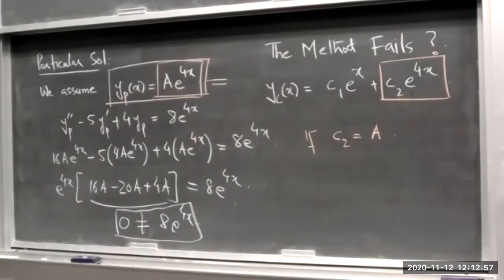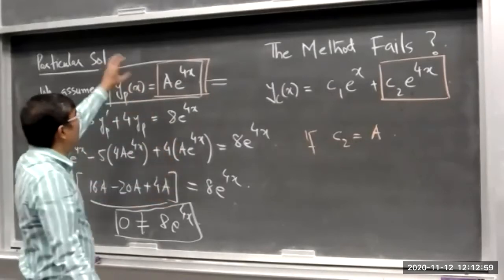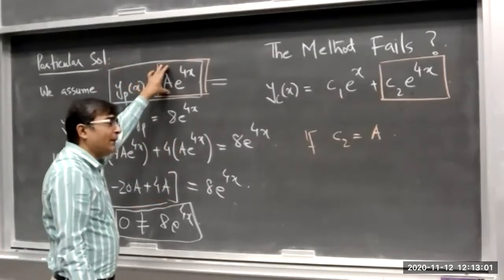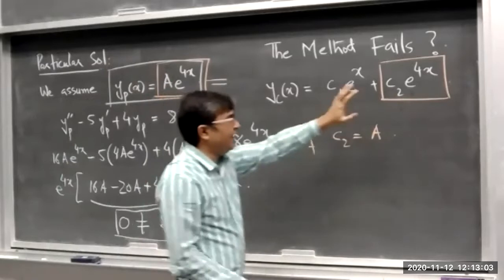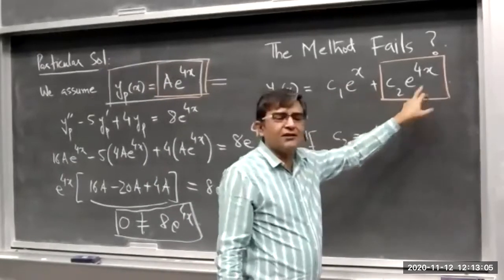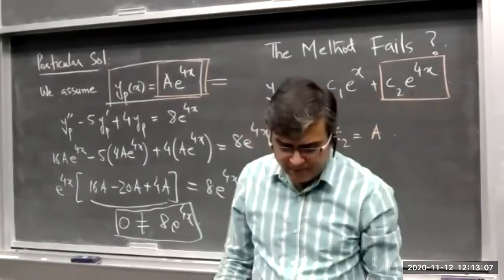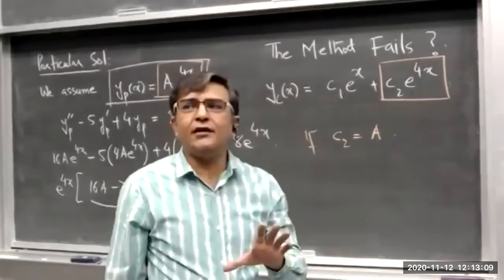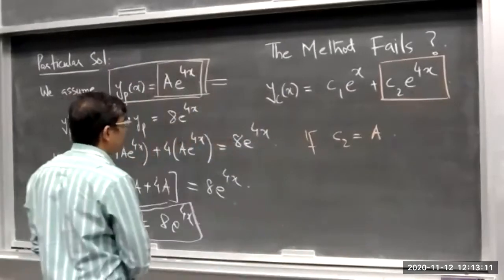So in this situation, when the assumed particular solution is already present in the complementary function, this method will always fail. Now, what to do in this situation?